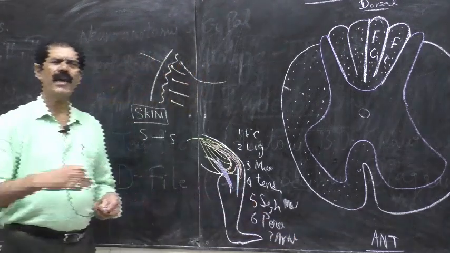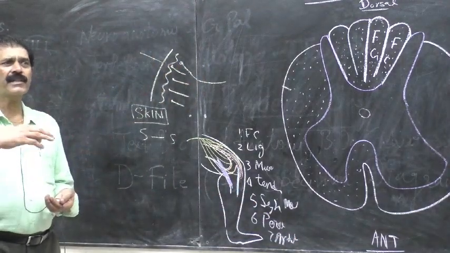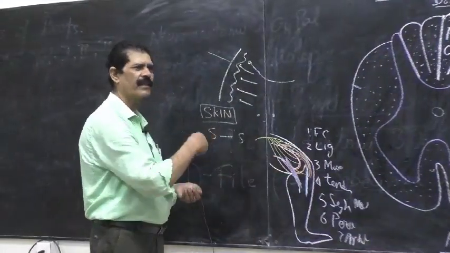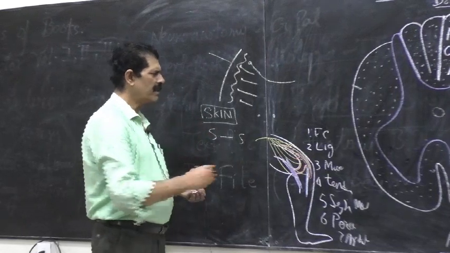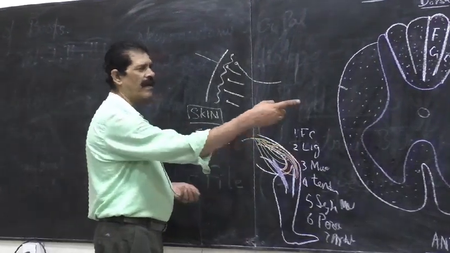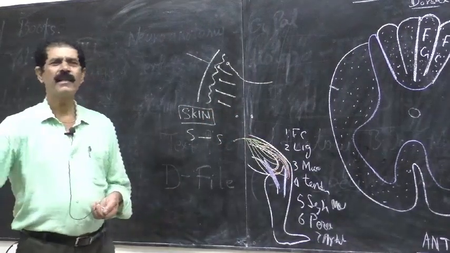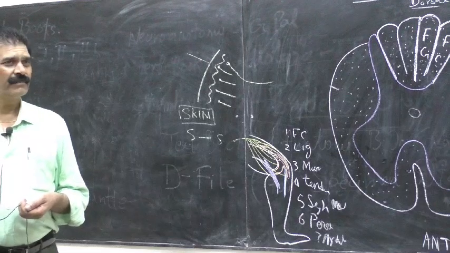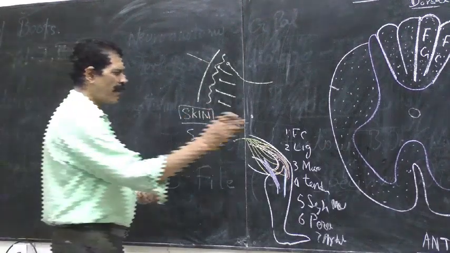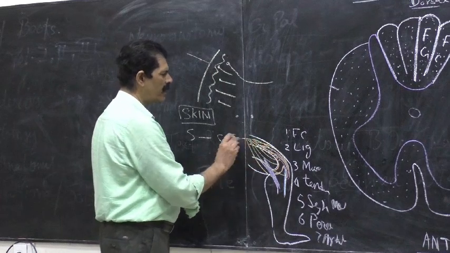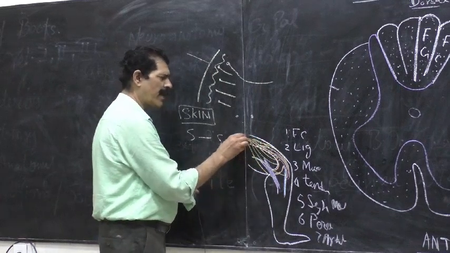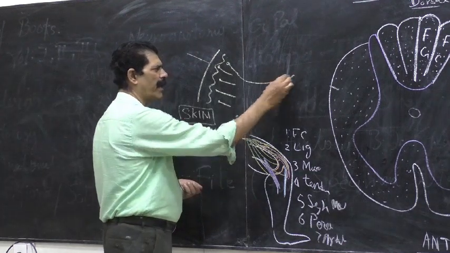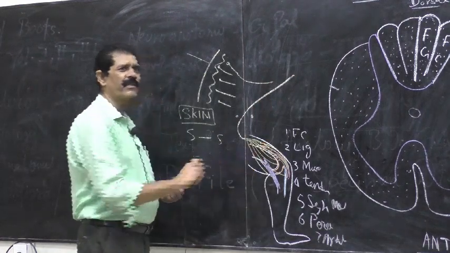So when a joint moves, everything is disturbed, and this disturbance produces an impulse. So impulses are generated in the nerve endings, and all these nerve endings now carry the sense of kinesthesia. Kinesthesia means kinetic, related to the movement of the body joints. So every movement of the joint is carried by a nerve supplying that joint. So this is another nerve, starting from the joints of the body, carrying the proprioceptive and kinesthetic sensations.